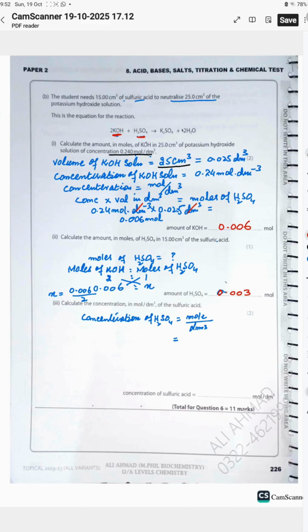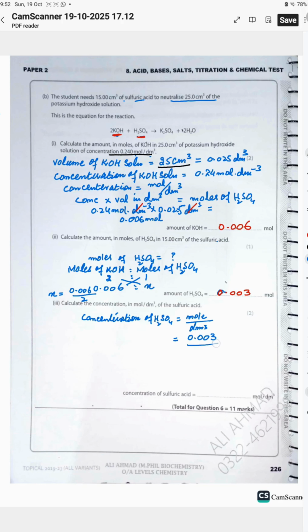Now in the third part he is asking you to calculate the concentration in mole per decimeter cube of the sulfuric acid. Again the same thing, the concentration of sulfuric acid will be in mole per decimeter cube. In that case, to find the concentration of the sulfuric acid, the moles of the sulfuric acid are given, 0.003.